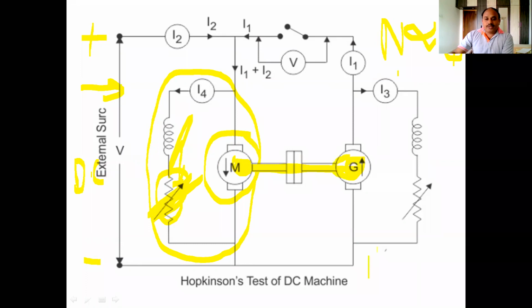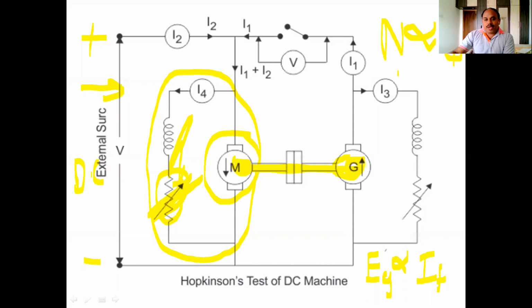The generated EMF in a generator, EG, is proportional to field current or field flux. If this generator is rotating with the help of a prime mover, that is the motor, the generator builds up some small voltage with the help of residual magnetism.